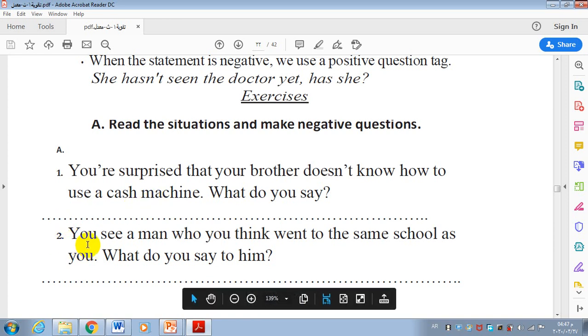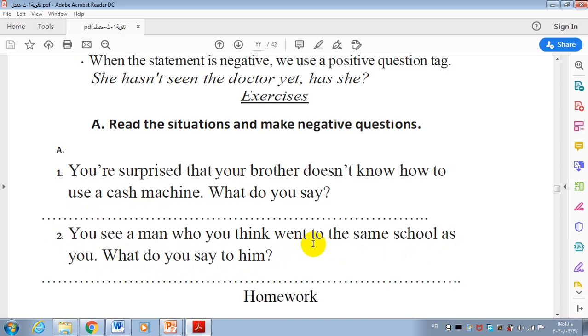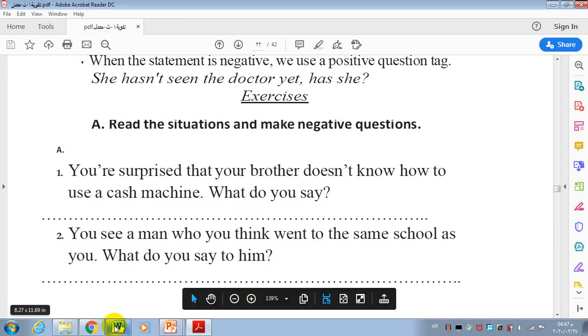And number two, you see a man who you think went to the same school as you. What do you say to him in this situation? I'll give you 1 minute to think carefully and give me negative questions for number one and number two.